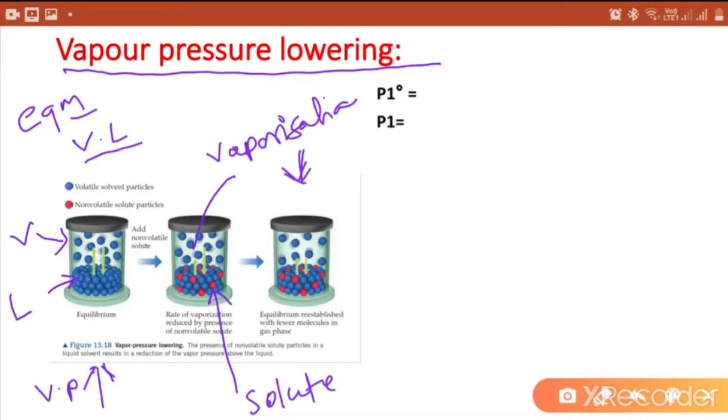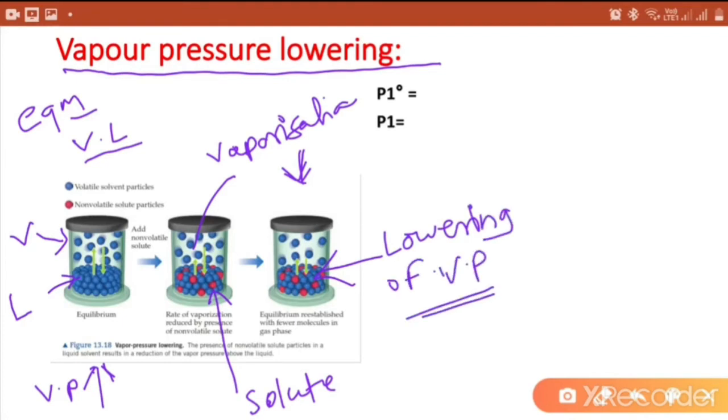There is also equilibrium, and as a result, lowering of vapor pressure takes place.